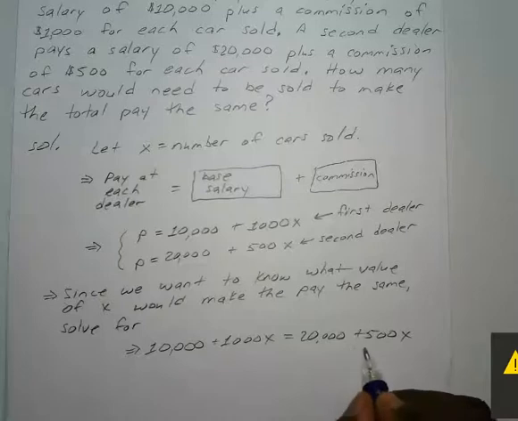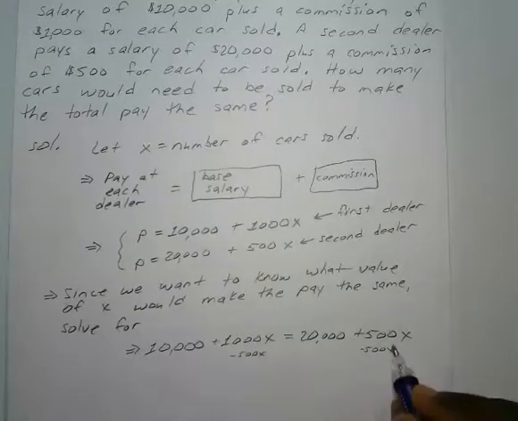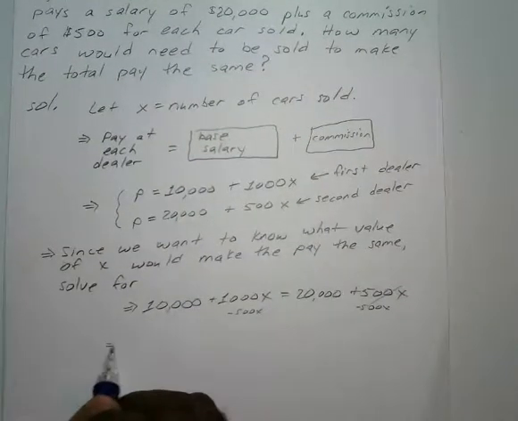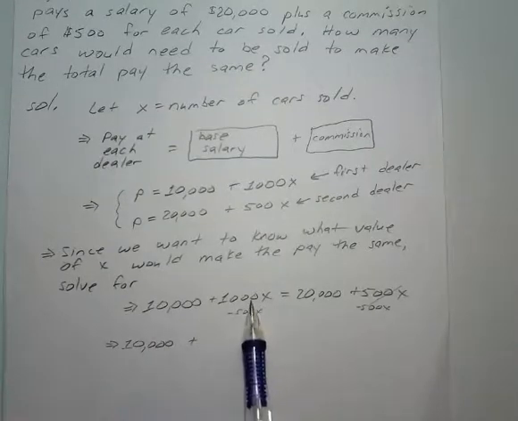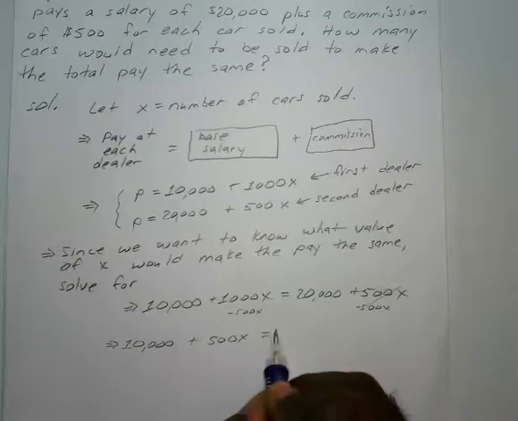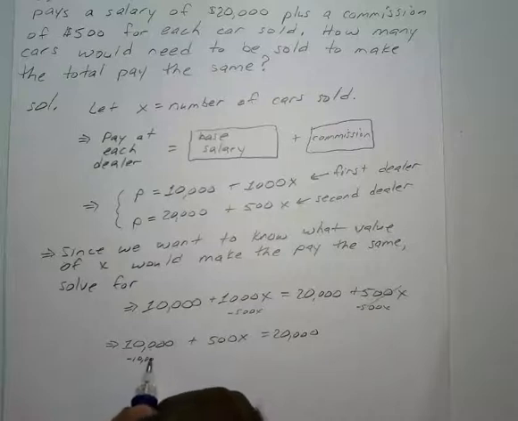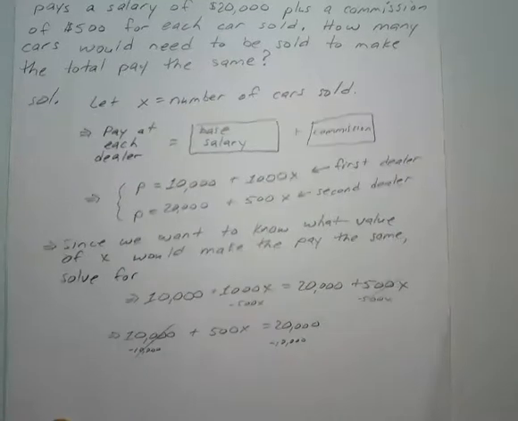So if we subtract 500X from both sides, where that cancels out, we now have 10,000 plus 1,000 minus 500 is 500X equals 20,000. Now we go ahead and subtract 10,000 from both sides, where that cancels out.